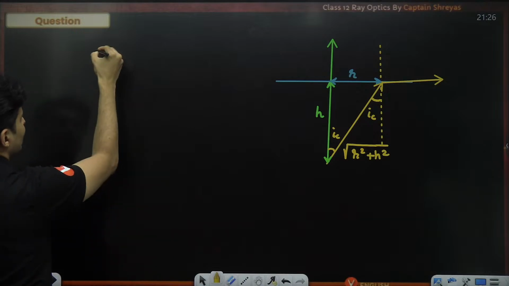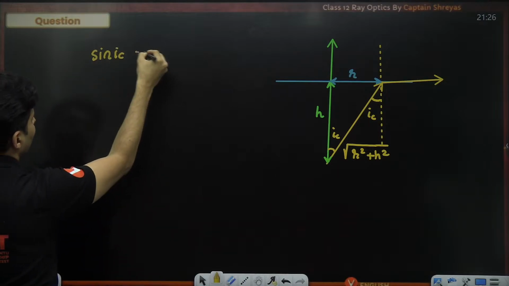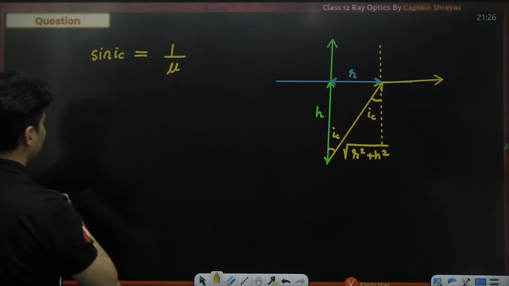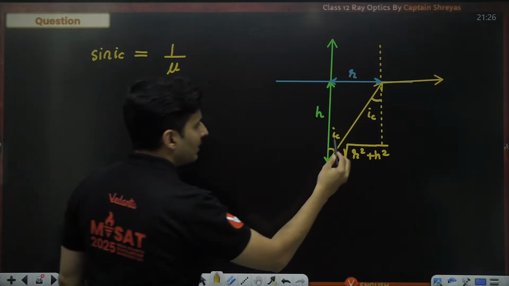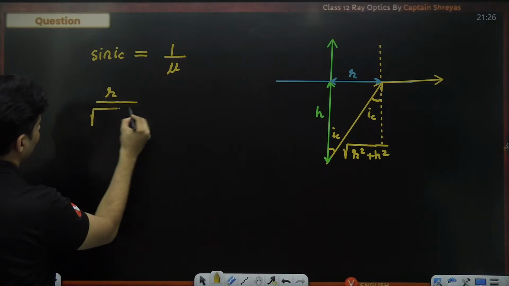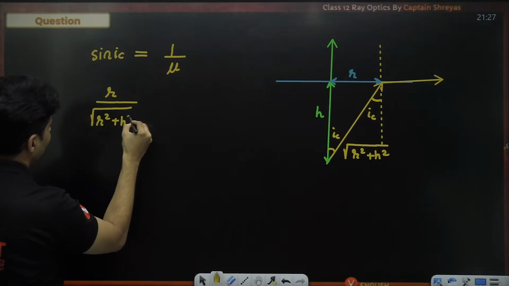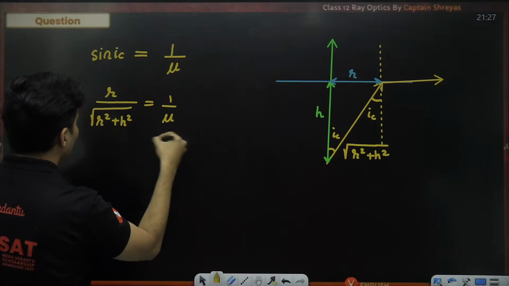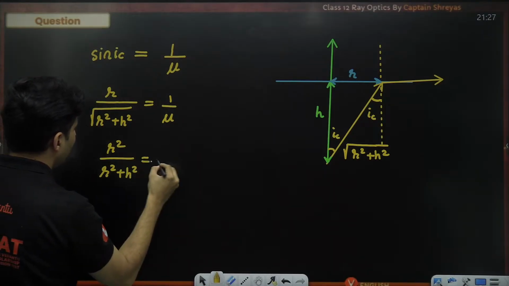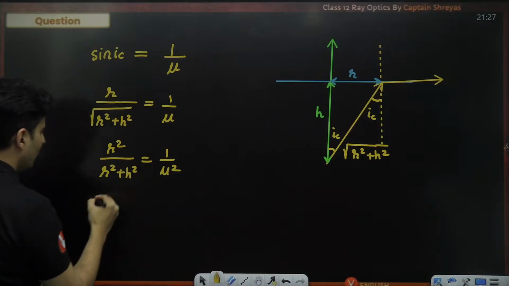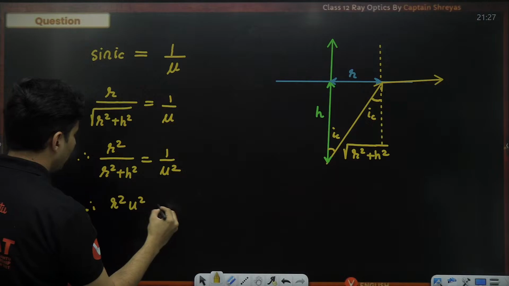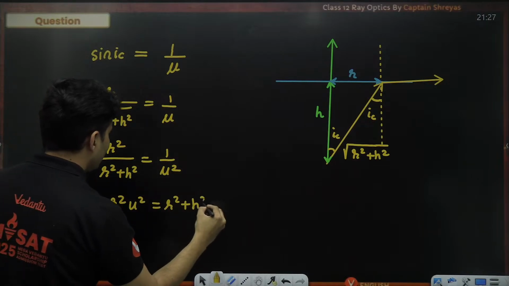Now, since sine of critical angle will be usually given to me, which is 1 by that relative refractive index, this sine is opposite side by hypotenuse, which means it will be r divided by root of r square plus h square. So this is 1 by mu, square both sides. So r square by r square plus h square is 1 by mu square, cross multiply both sides. So r square mu square will be r square plus h square.